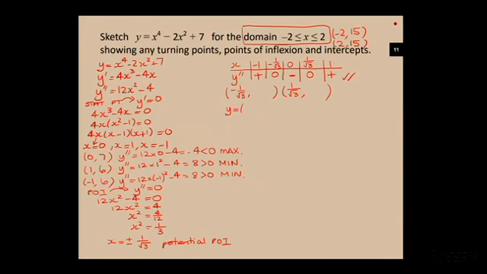Y equals 1 on the square root of 3, to the 4, minus 2 times 1 on the root of 3 squared, plus 7. Now you may not like your surds, you might want to put it in and see what happens when you put that to the power of 4. It's a decimal at the moment, but when you put that to the power of 4, it comes out as a very nice fraction.